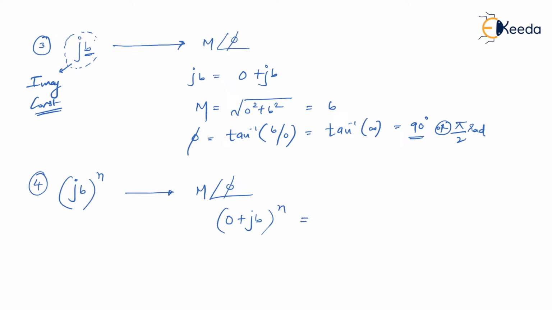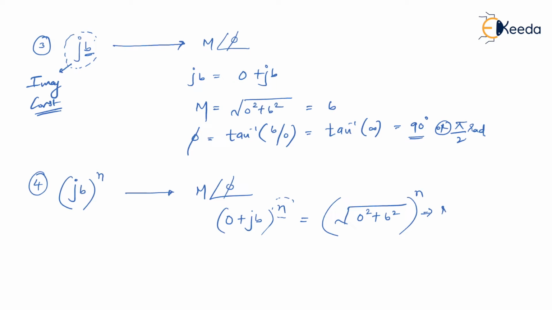In that case, the magnitude is given as under root of, so you just forget about n. Consider this number as 0 plus JB. So what we do generally is real part square plus imaginary part square, and then just put this power n. I hope you understood how to calculate the magnitude.